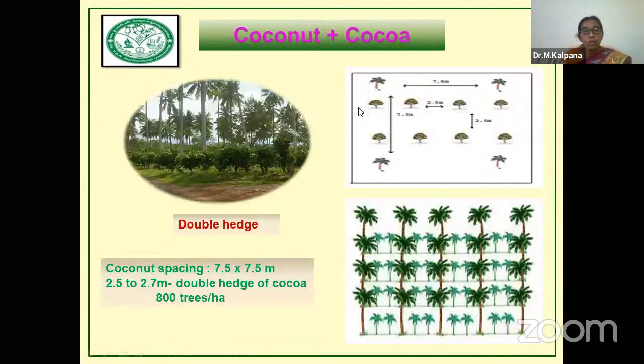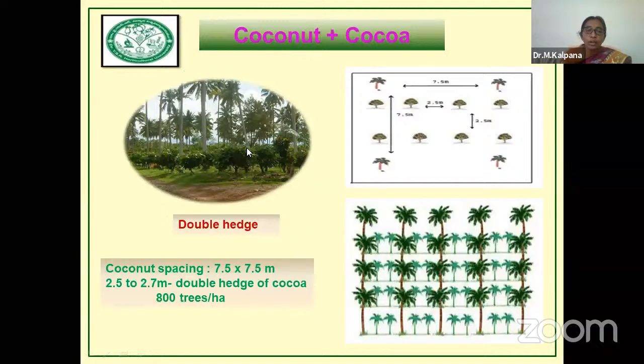Then coming to the double hedge system, the coconut spacing is 7.5 meters, and from cocoa to cocoa it is only 2.5 meters. Here almost 800 trees per hectare can be accommodated. We have to take care to restrict the height to the first jorquette in the double hedge system of planting.